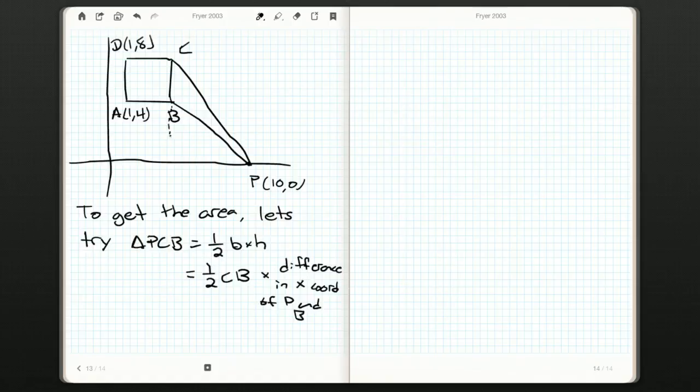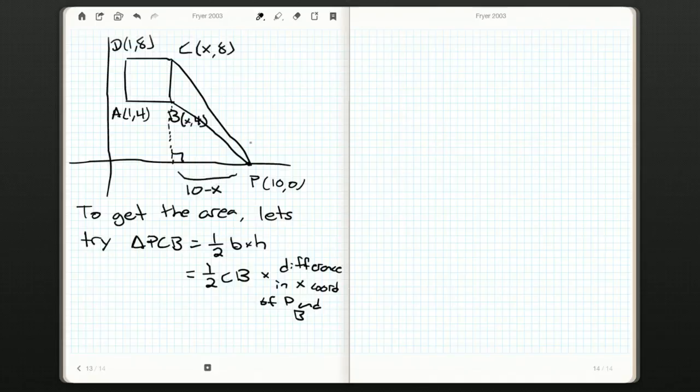Notice that we can drop a perpendicular down here. Let's say C is going to be at x, 8, B is going to be at x, 4. So this distance here will be 10 minus x.